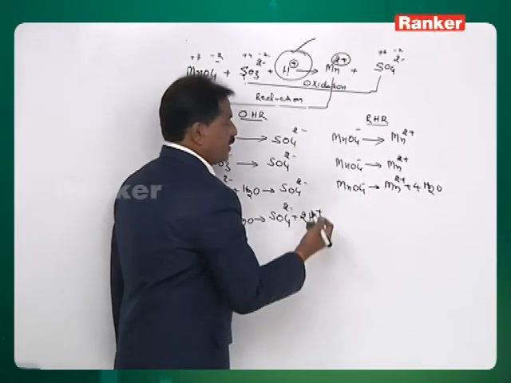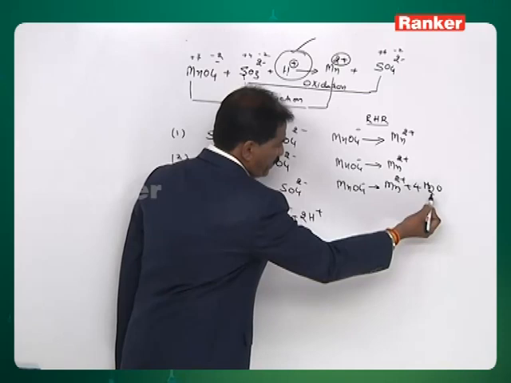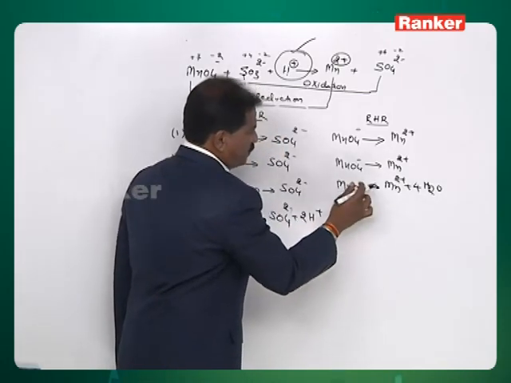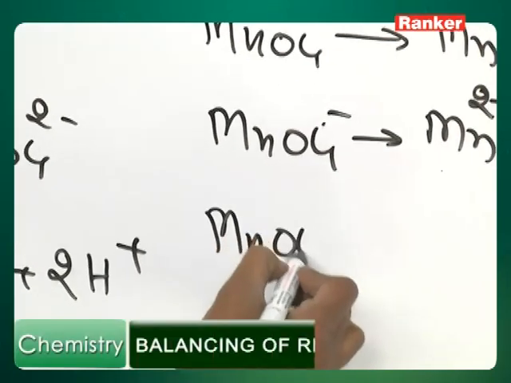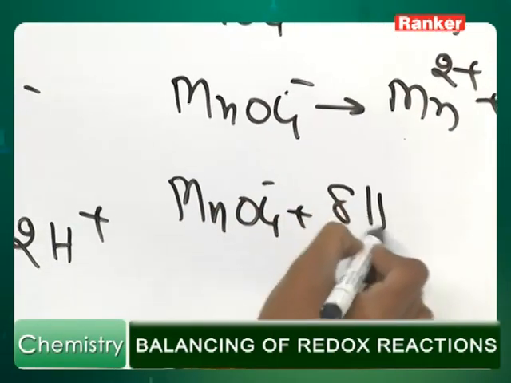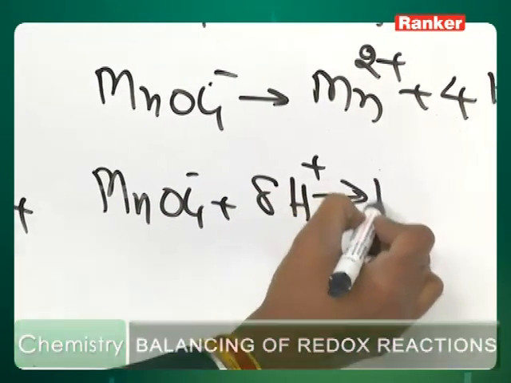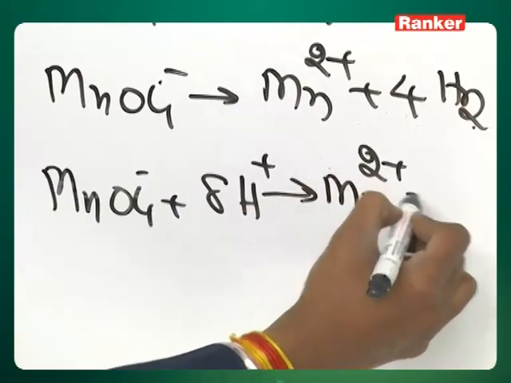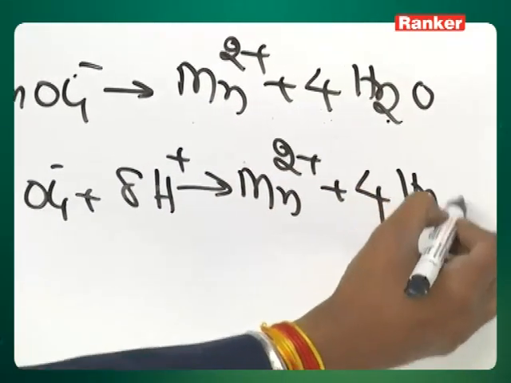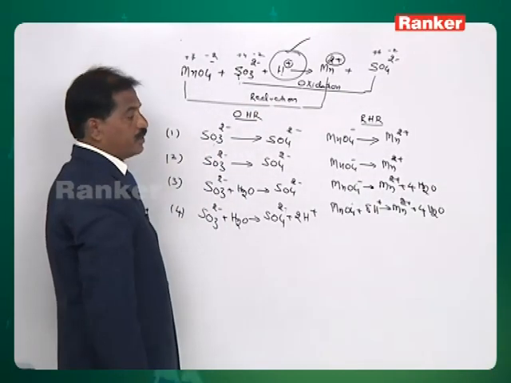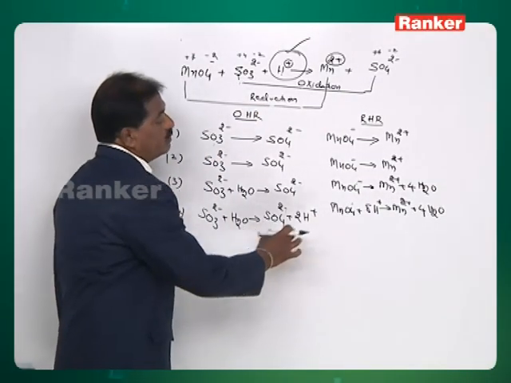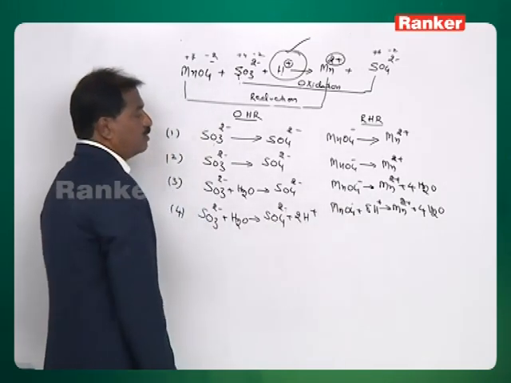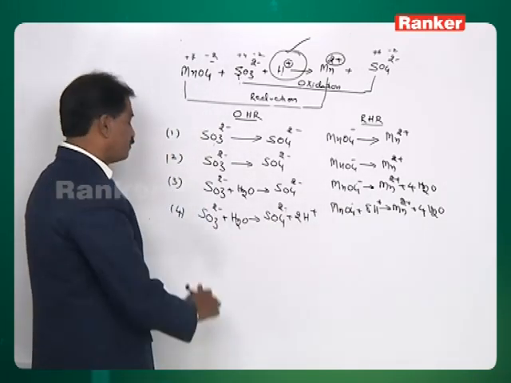Similarly, observe this reaction. Here 8 hydrogens are extra, here 8 hydrogens are deficient. Therefore, add 8 H plus ions. So now in the first half reaction as well as in the second half reaction, the hydrogens have been balanced.